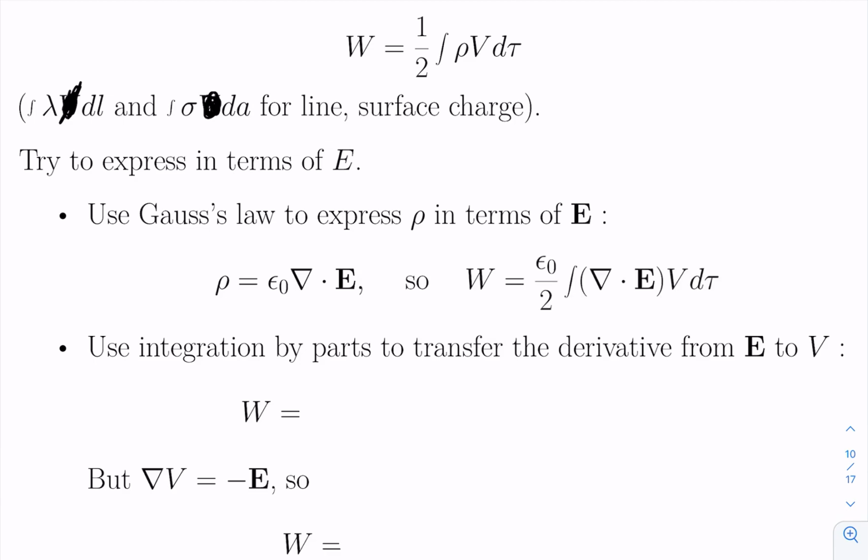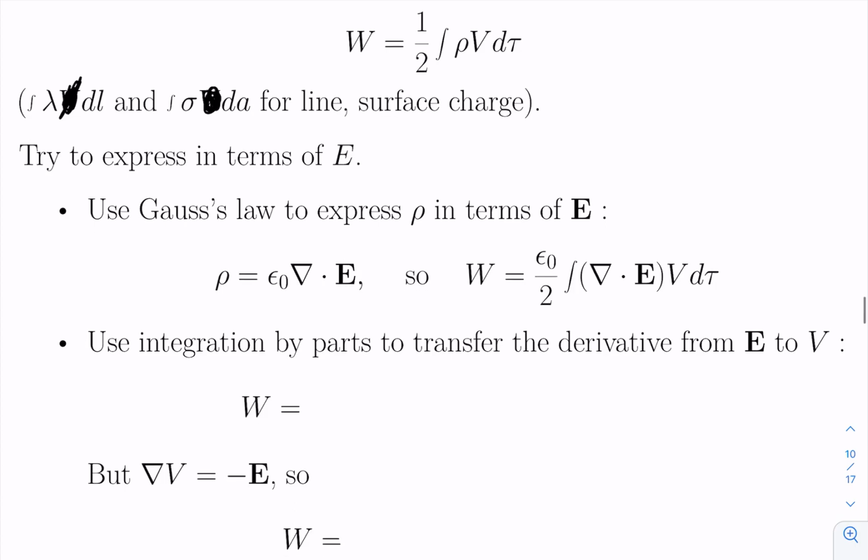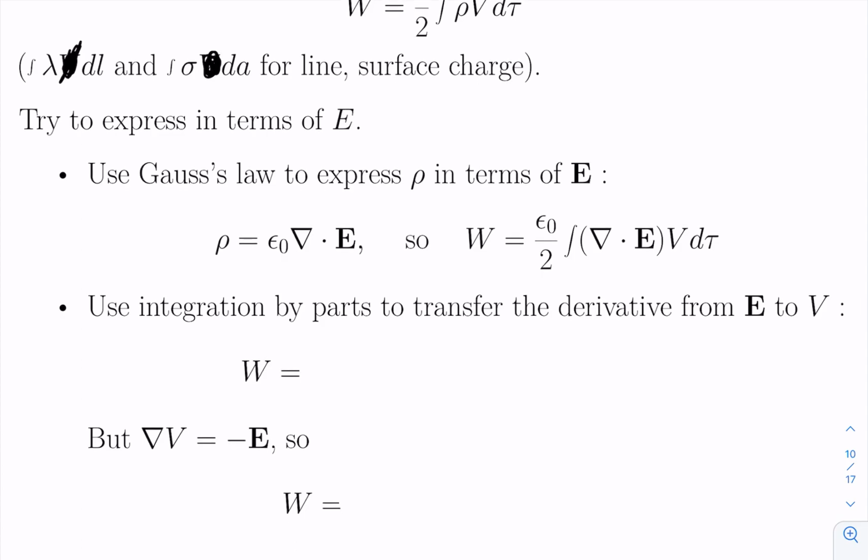And what that gives is, so first step here, I eliminated the charge in favor of the del dot E. And now what I can do next is to use the integration by parts. So here del dot E was something that we want to preserve, because we want the electric field to be there, and we want to eliminate the scalar v, or the scalar potential.